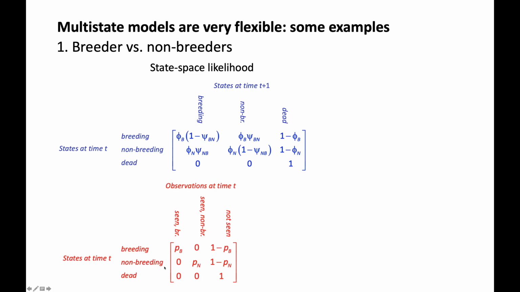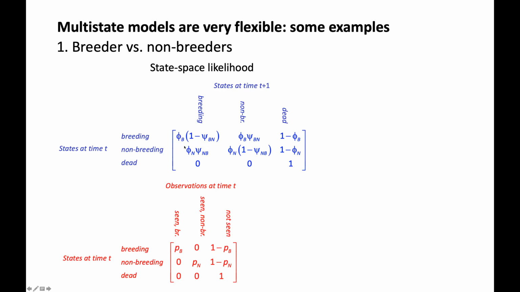So that's one assumption you might be interested in testing, but another assumption, which is probably much more interesting if you're interested in life history trade-offs, like survival and reproduction trade-offs, is a model where the survival of breeder individuals and non-breeder individuals is different from one another.